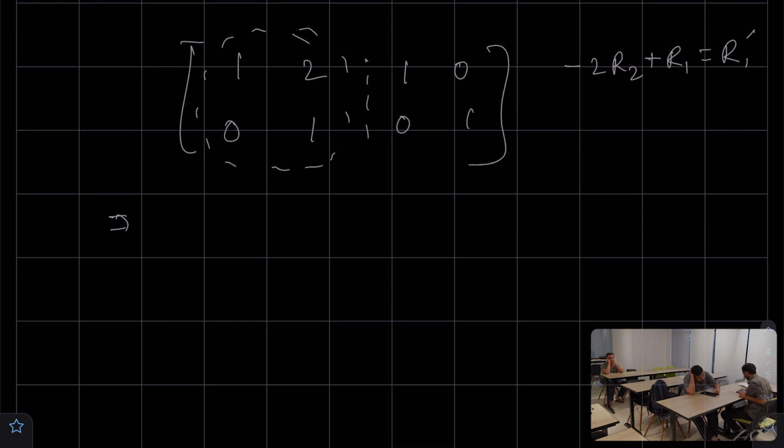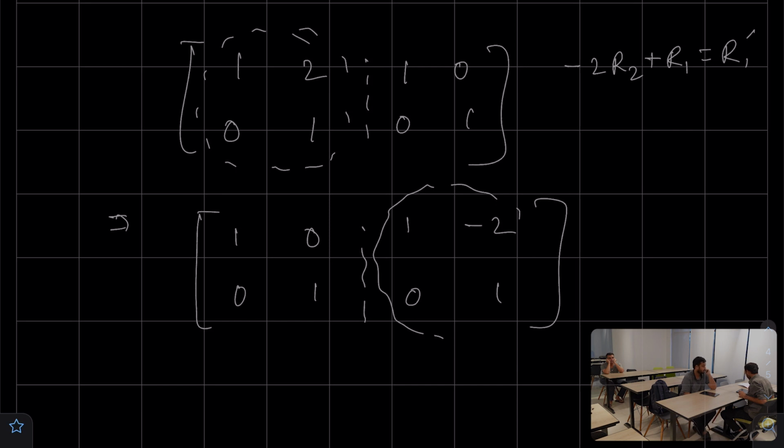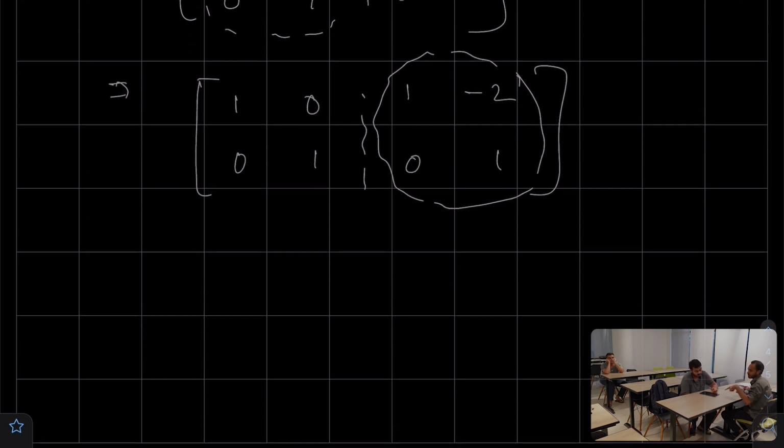Minus 2 times R2 plus R1 equals R1 prime, and then this will be 1 0 0 1 and 1 minus 2 0 1. And we can check that this is actually the inverse matrix of this matrix. So that is the problem given in exercise 5.